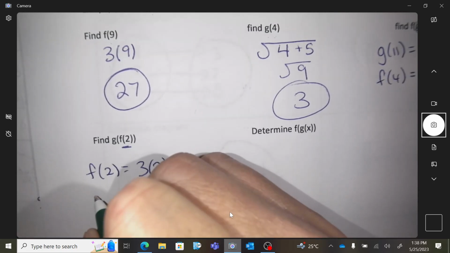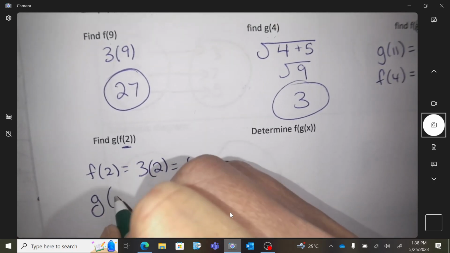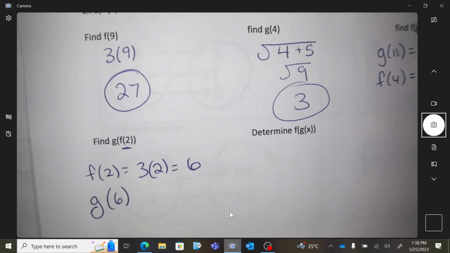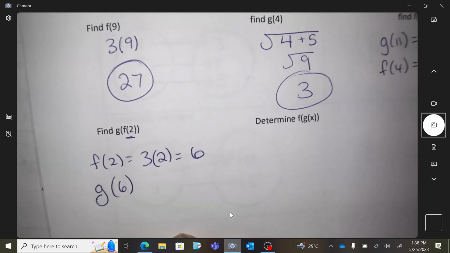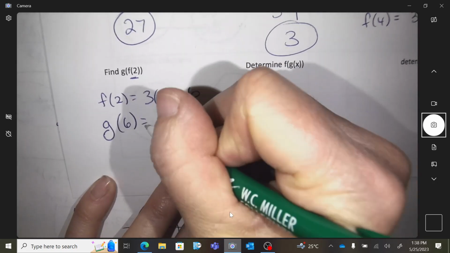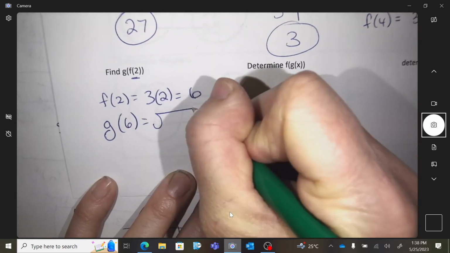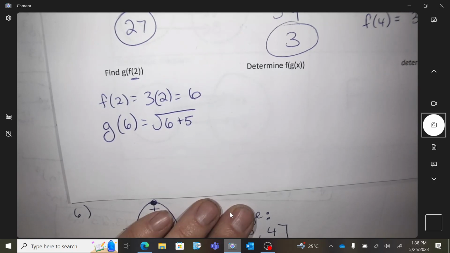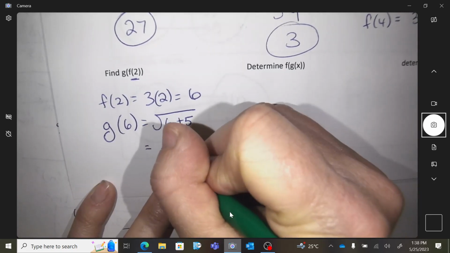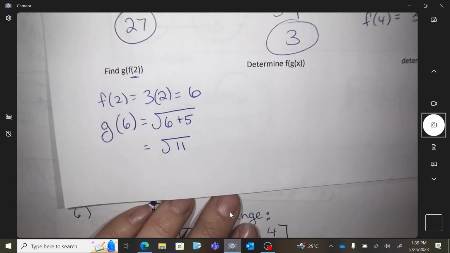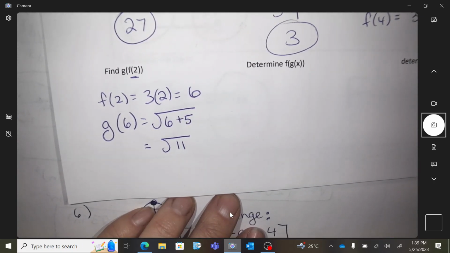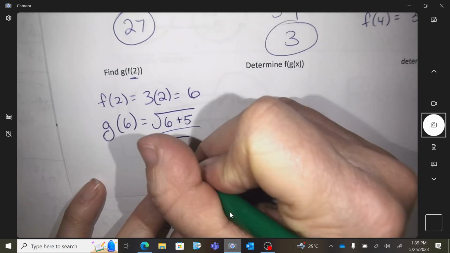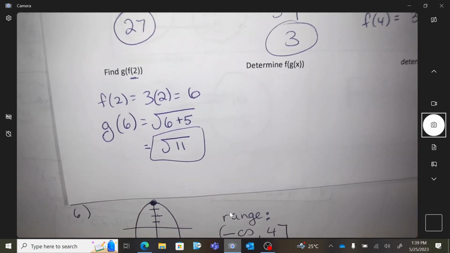Now we're going to have to go, what is the g of 6? So the g of 6, I'm going to put a 6 into the input here. Equals the square root of 11. And you know what I'm going to do? Leave it. I don't want a decimal. I'm just going to leave it.